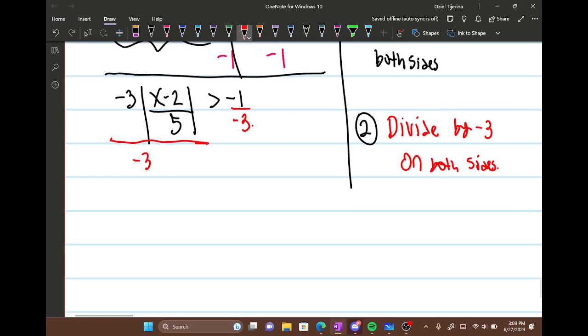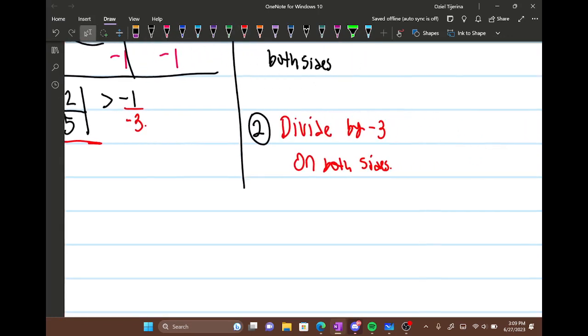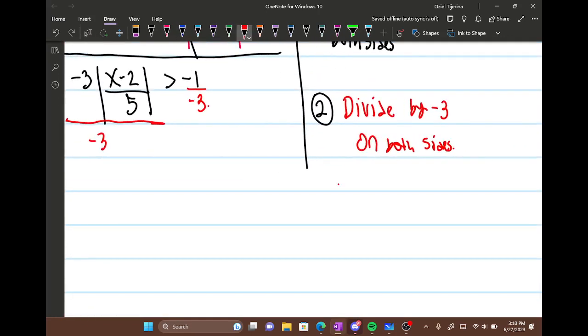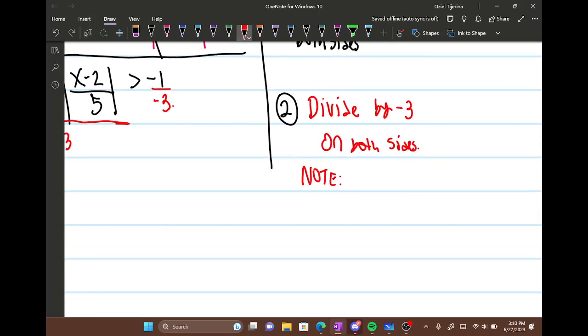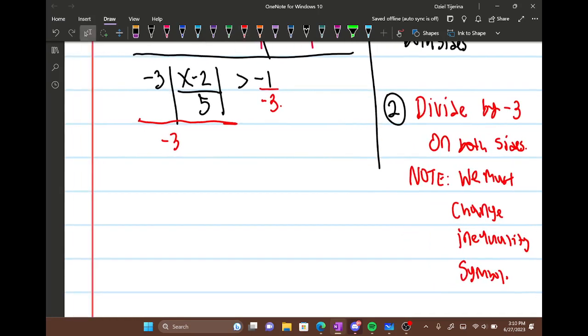I do want to make a really quick note, and this is a reminder that we must change the inequality symbol. Anytime we divide by a negative, we have to flip it over. So we end up with the absolute value of (x minus 2) over 5 is less than 1/3.